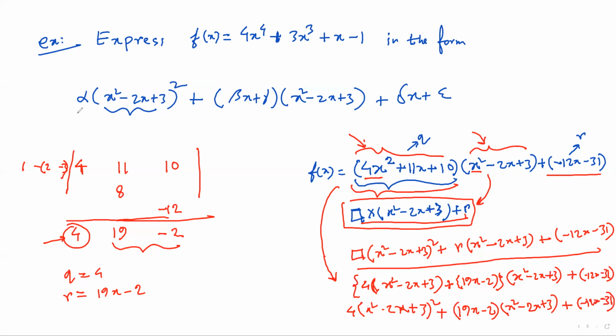So this is exactly the format they demanded. We now know that alpha is just 4 and beta is 19, gamma is minus 2, and delta is minus 12, and epsilon is minus 31.